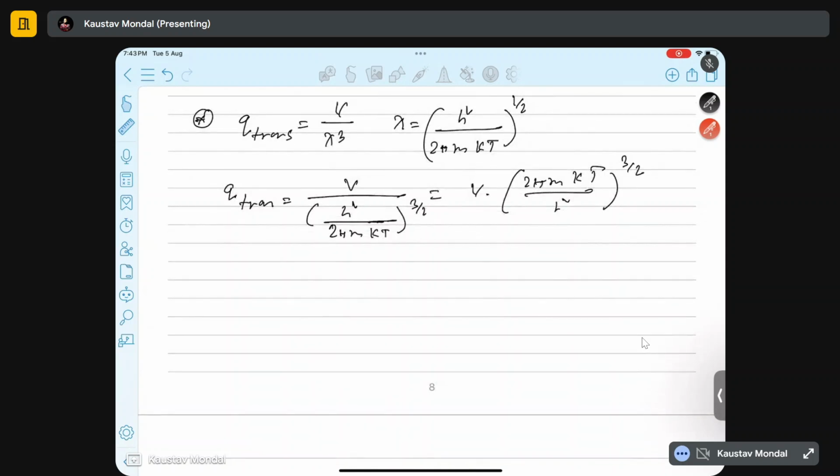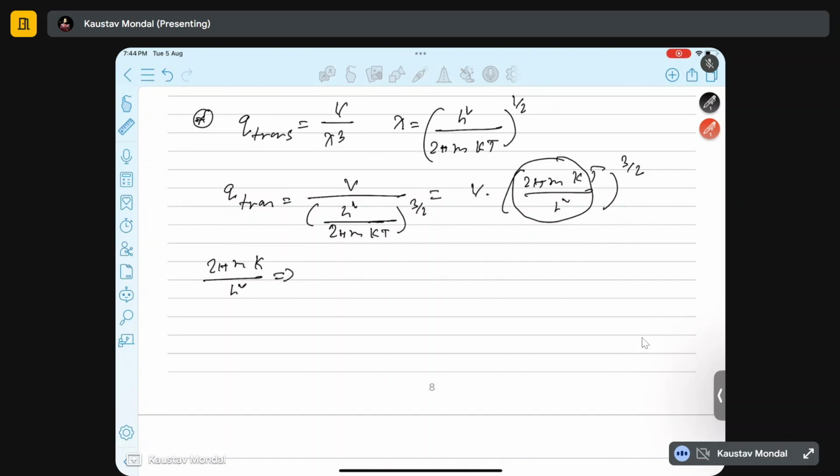So first, as T is a parameter here, we will first calculate this quantity, 2 pi m k by h square.